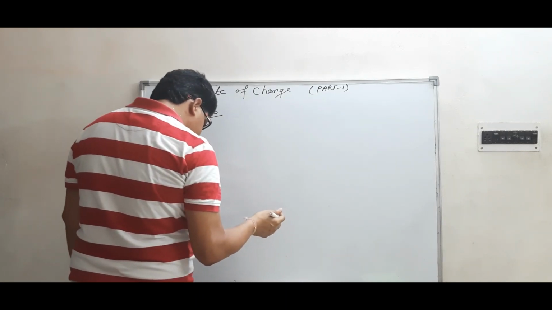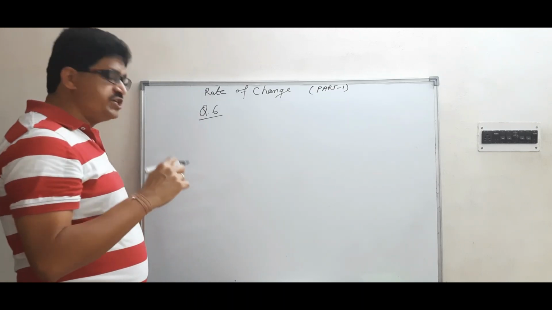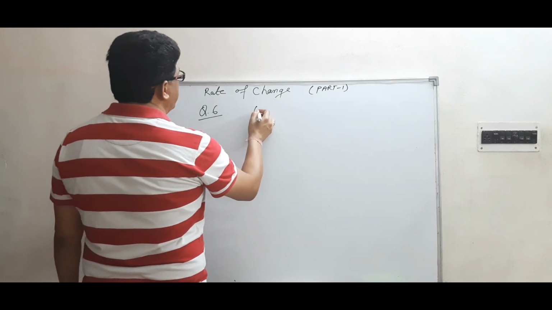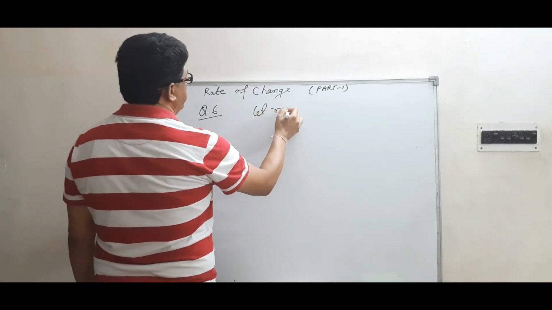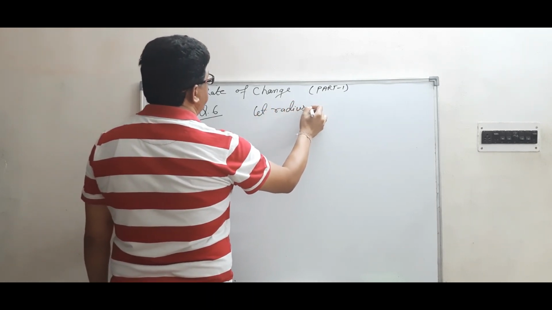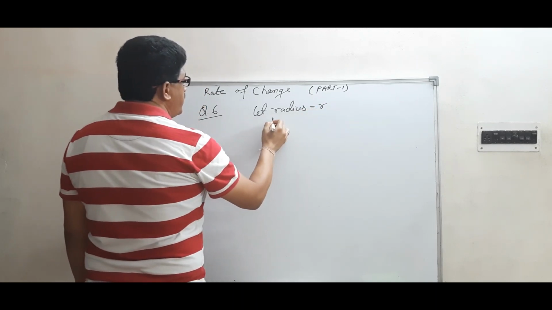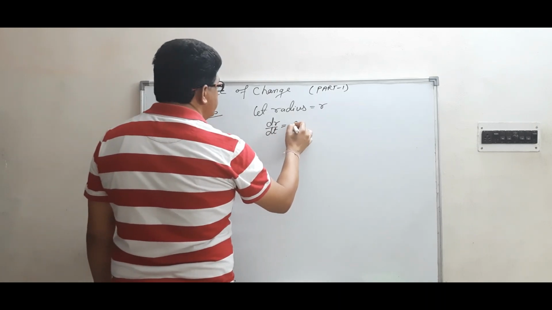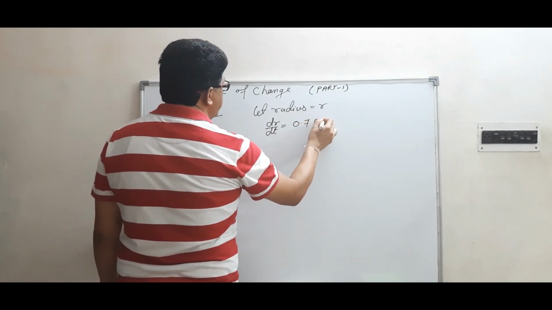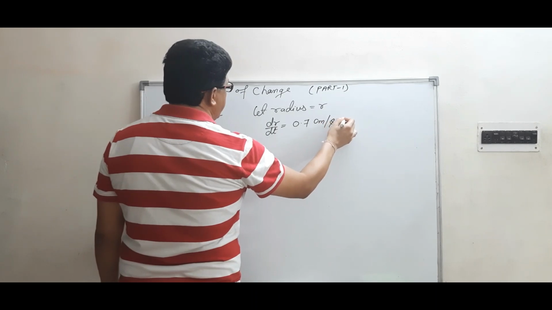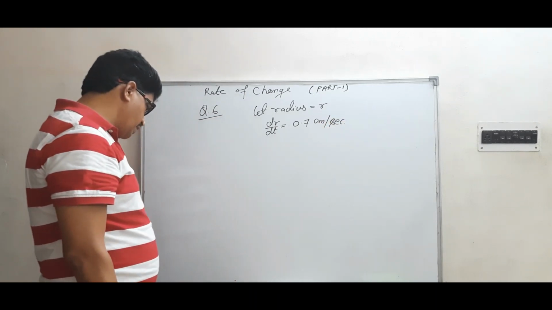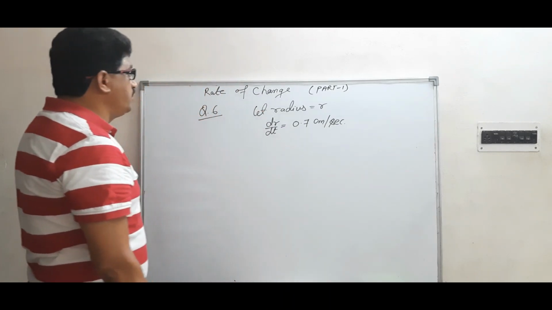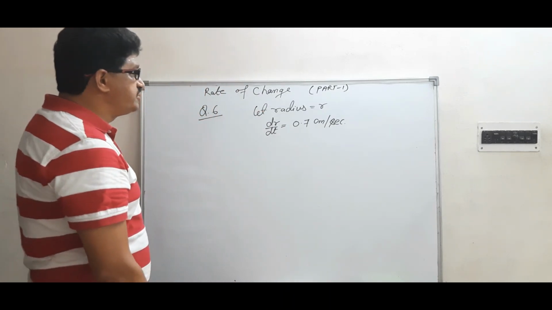The change is given in radius, so let the radius be r, and dr upon dt is given as 0.7 centimeter per second.